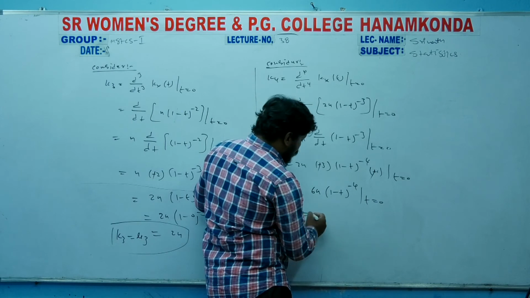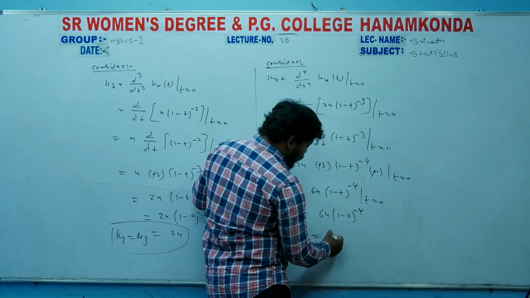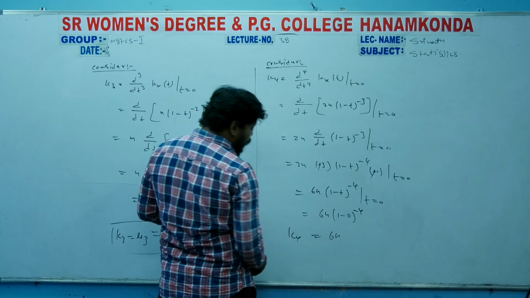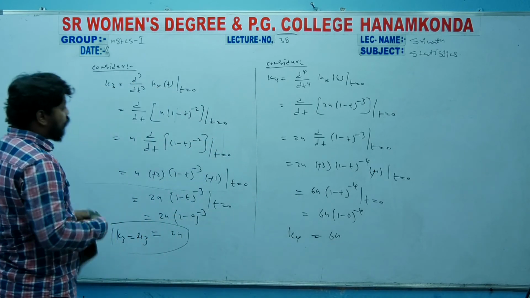Then substitute t equal to 0: 6n into (1 minus 0) to the power minus 4. You can write 6n, which is k4. Then we want to find out mu4.